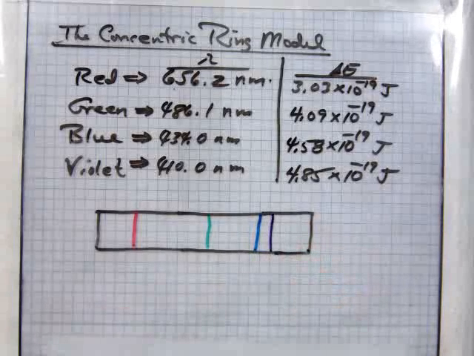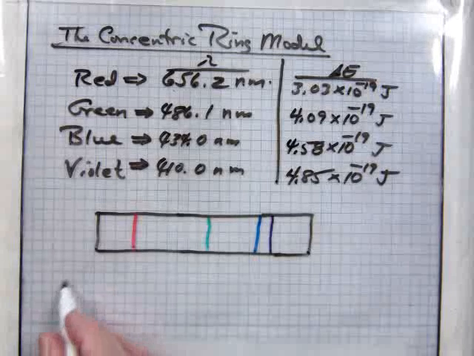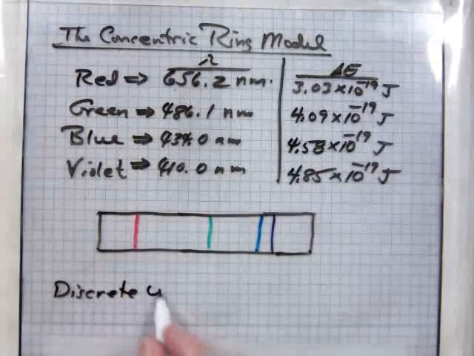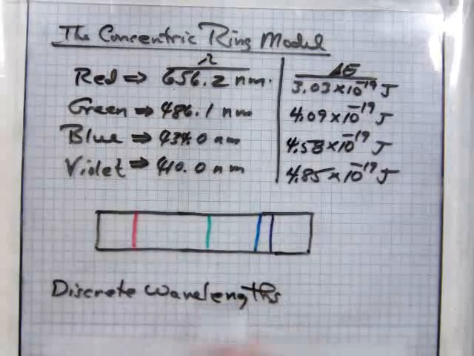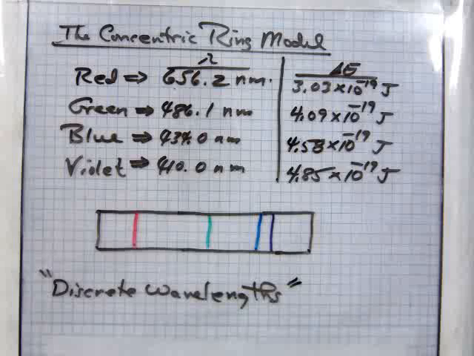Now, the unique thing about each of these is they're called discrete wavelengths. That's a very important term.